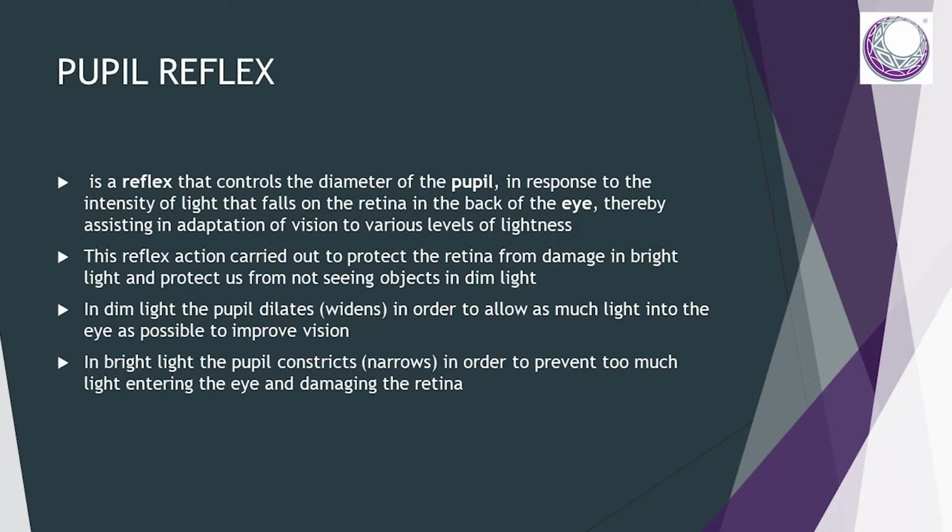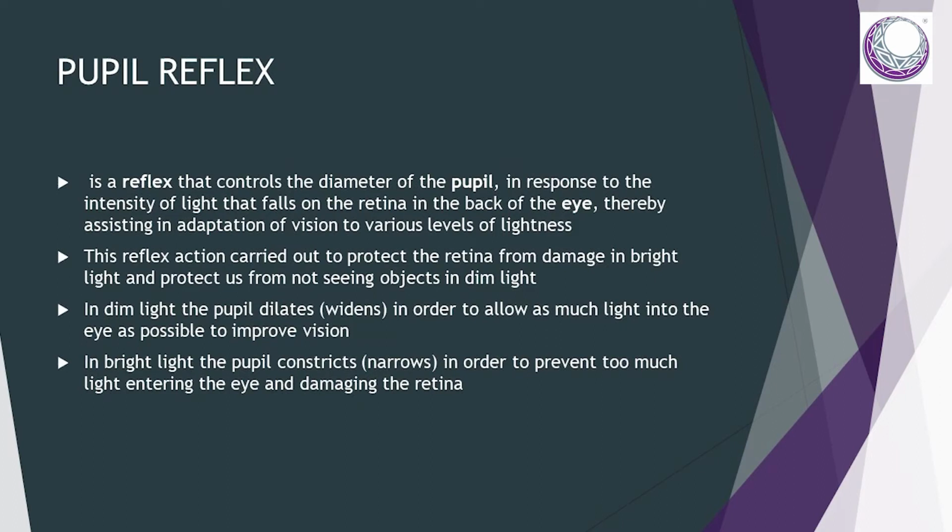The reflex action is carried out to protect the retina from damage in bright light and protect us from not seeing objects in dim light. In dim light, the pupil dilates in order to allow as much light to enter as possible. In bright light, the pupil constricts in order to prevent too much light entering the eye.